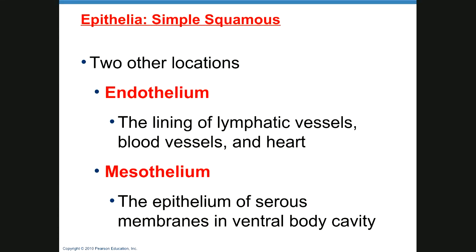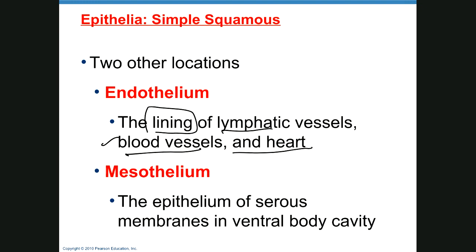One of the locations is lining, here goes that word again, the surface of vessels, lymphatic vessels, blood vessels, and even the heart. Okay. Simple squamous epithelial tissue that lines the surface of vessels, especially blood vessels, is given a special name.